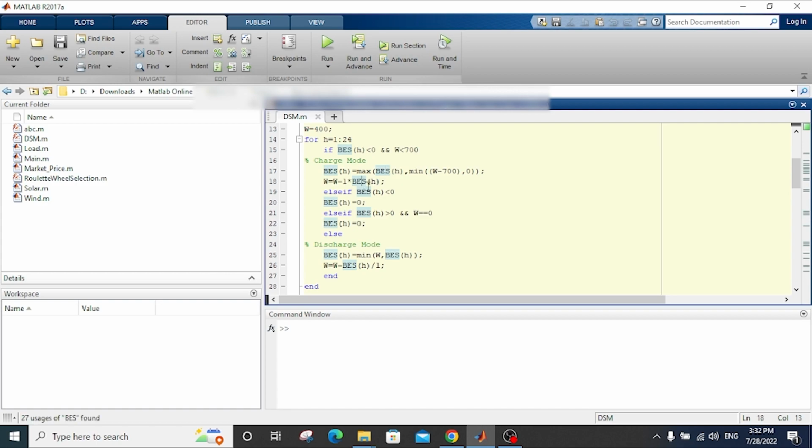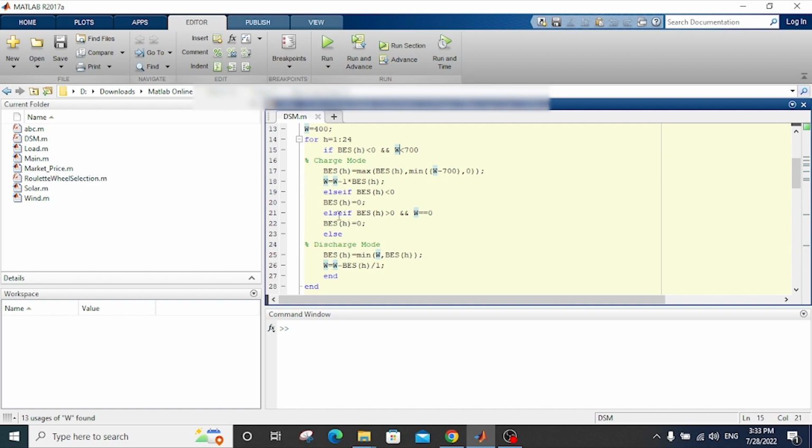And as you see here, the size of the battery is also changing. After that, if this condition did not occur, we go to the else-if: the battery storage is less than zero but exceeds the energy limit, so the battery storage will be 0 here, and the constraint is applied on the megawatt from the batteries.